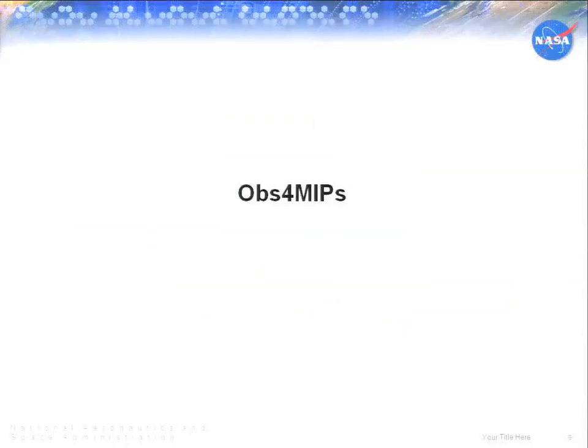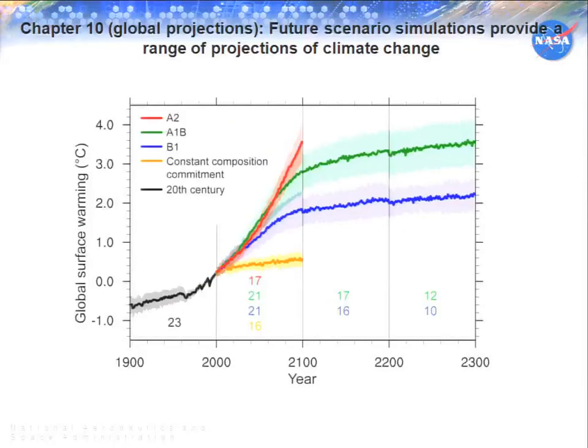So I'm getting into a specific example: the observation for model intercomparison project. Look at this chart. Those are the 100 years of climate prediction data, and the shaded area shows the model uncertainties. Any CFD model, any climate model has a number of empirical parameterizations in there, and those parameters impact your final result.